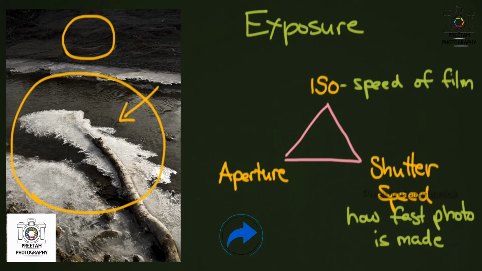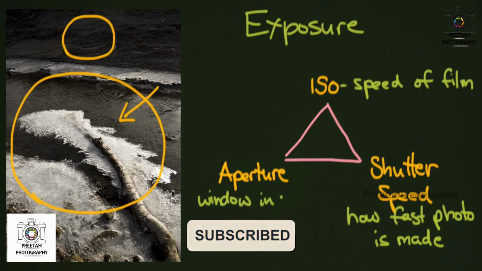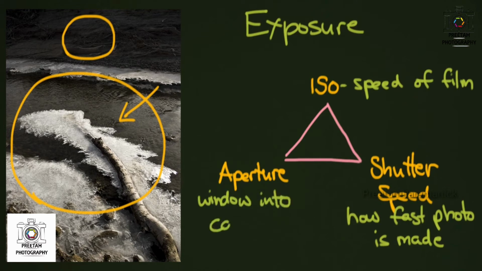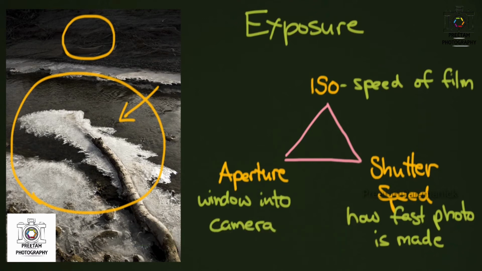And your aperture is like the window into your camera, and it affects the amount of light that you're allowing in. You can change the size of it and therefore allow more or less light into your camera. Just like by putting a smaller window on a house, you can let less light in, or putting a bigger window on your house, you can put more light in, and the aperture works essentially in the same way.